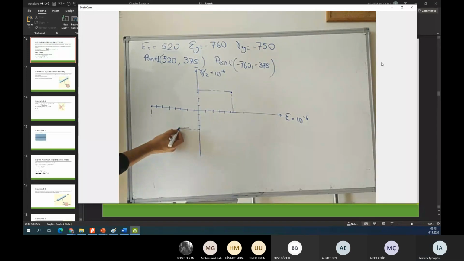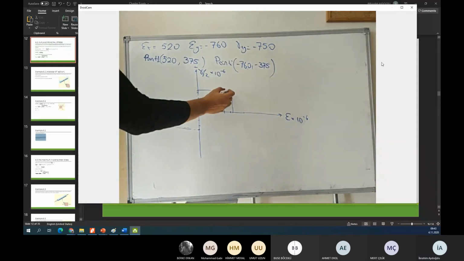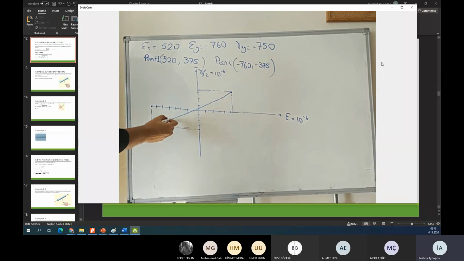So this point, okay. So I merge these two points with a line.